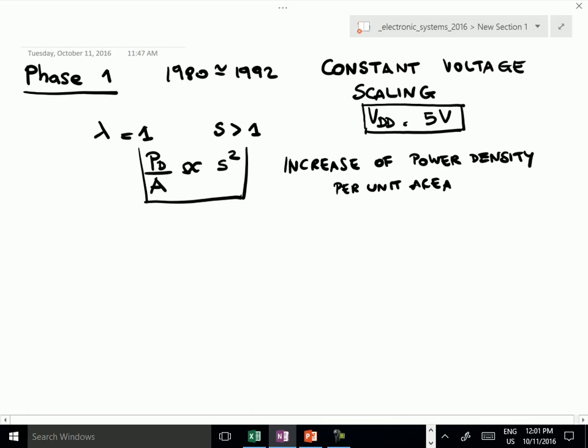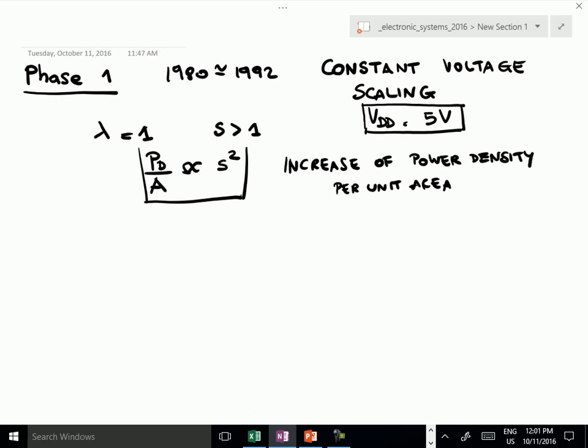and at some point it is not sustainable anymore, because of course, since the total area of the chip is not decreasing, but you're putting more logic gates on the single chip, you have a strong increase in the total power consumption.